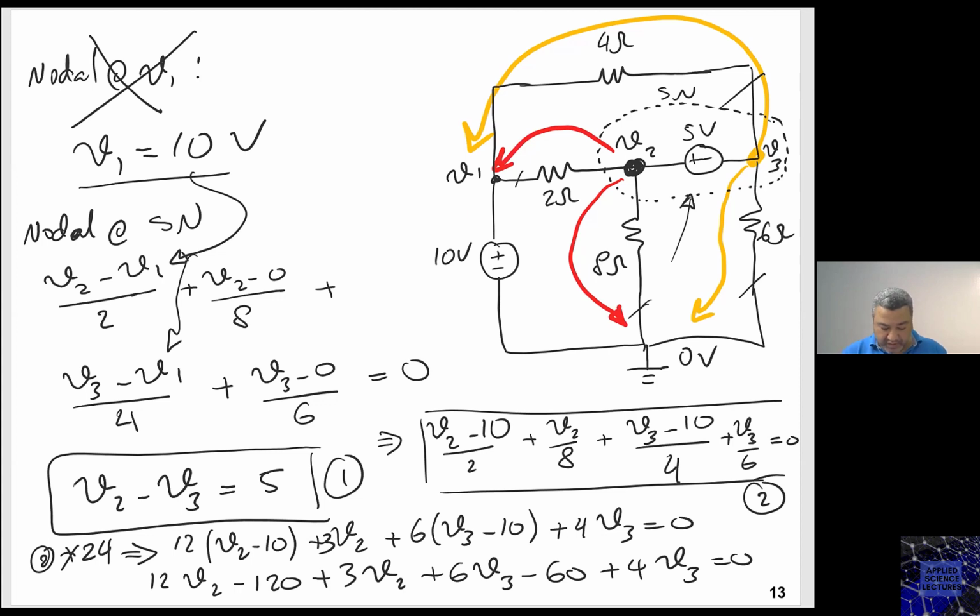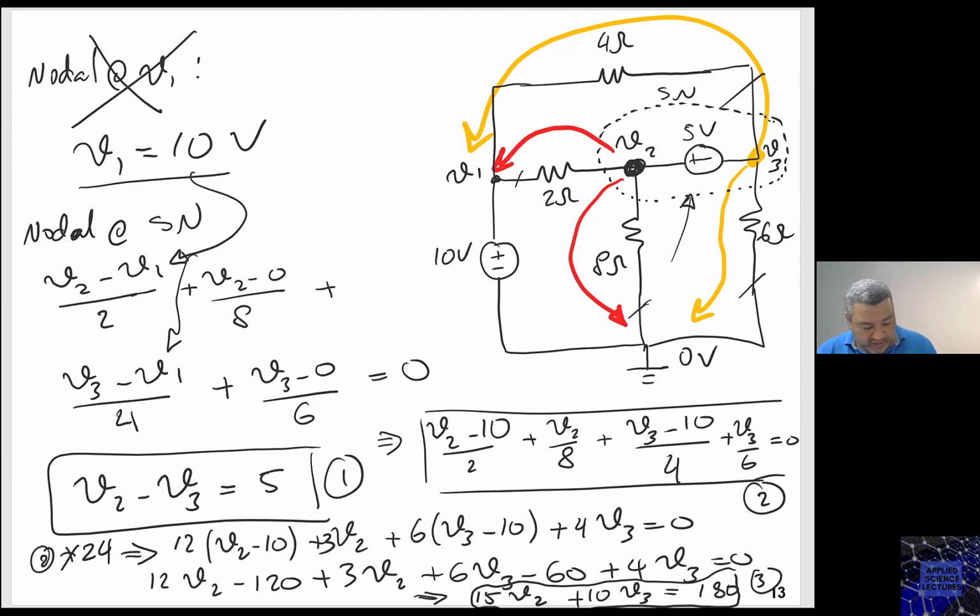Then you have here 15 V2 plus 10 V3 equals to 180. So this is equation number 3.